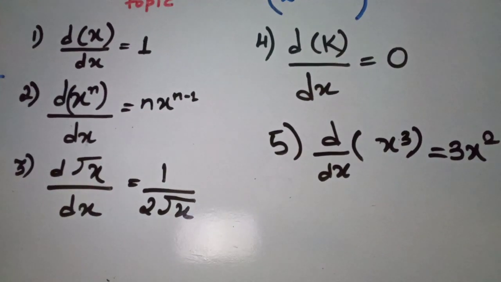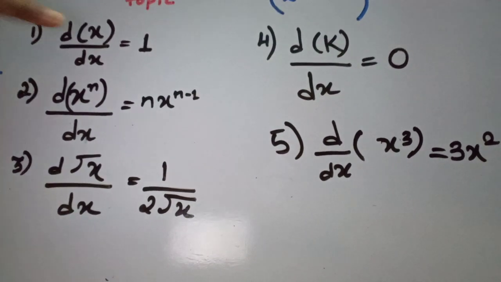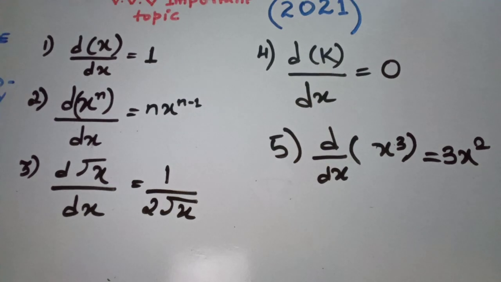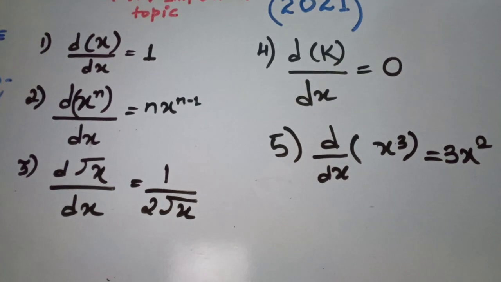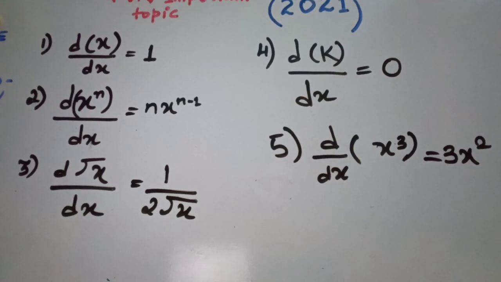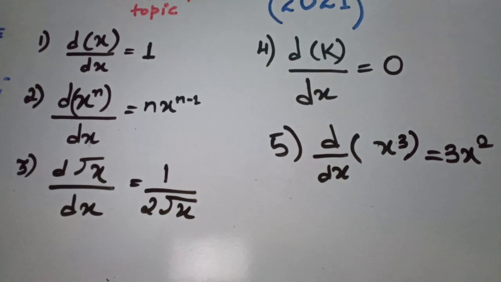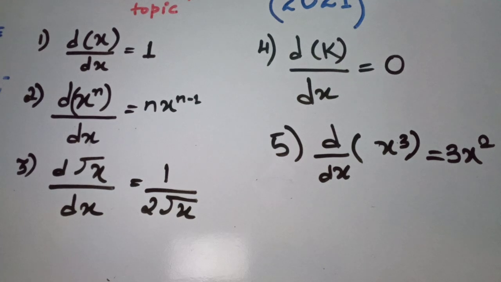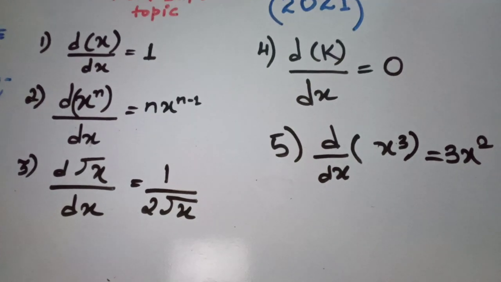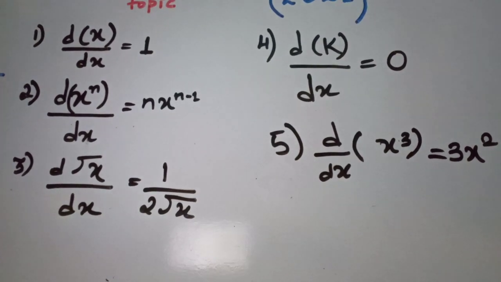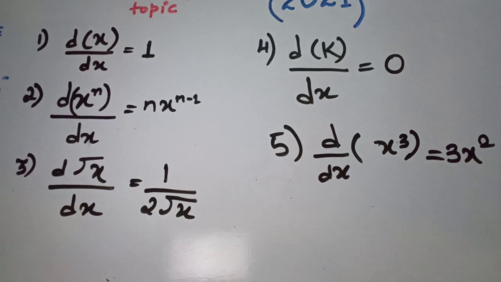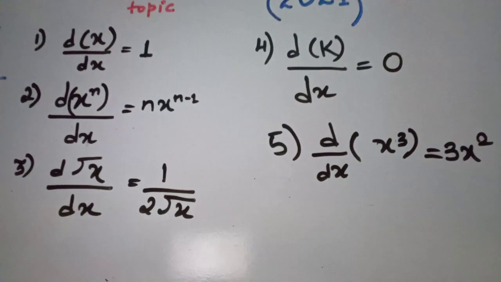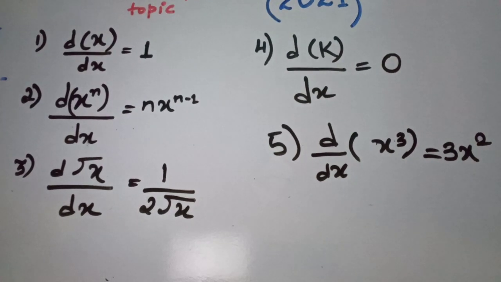So d by dx of x, in the bracket you are seeing x. Always remember that the number or variable inside the bracket is what you have to solve. The d by dx only has no value, but it is a type of function given to you to solve the questions. Today's function is our derivative, so that is d by dx.